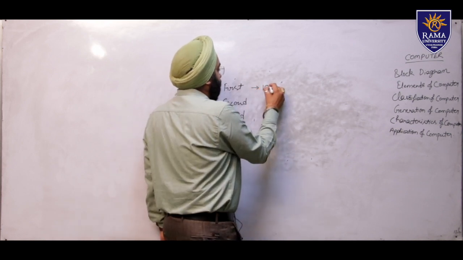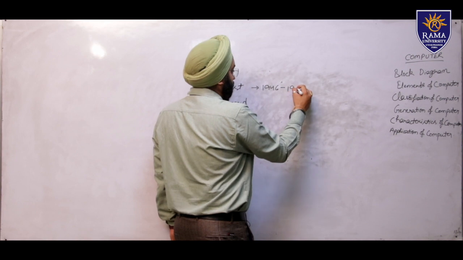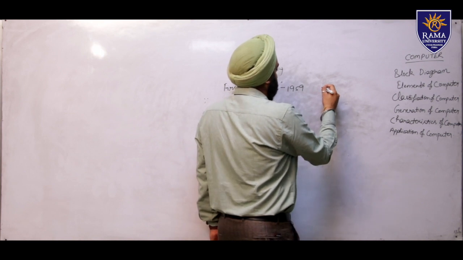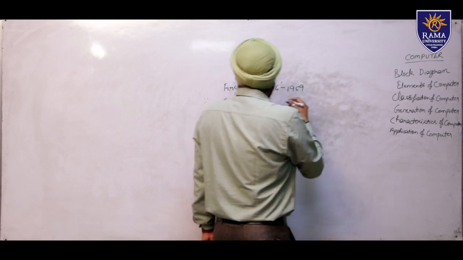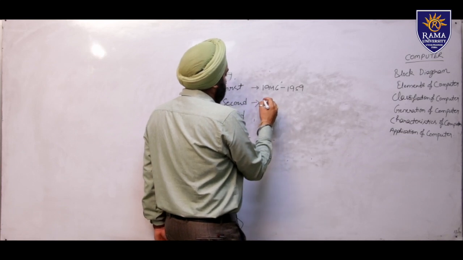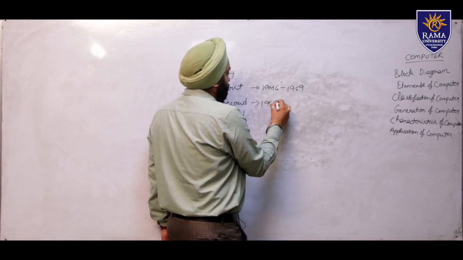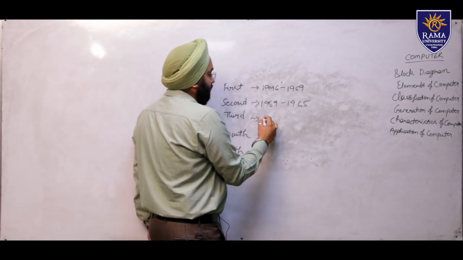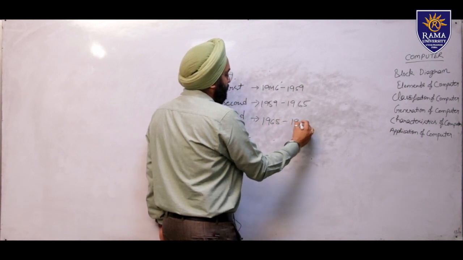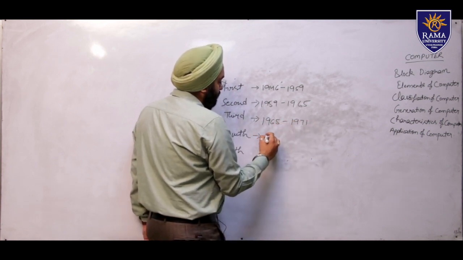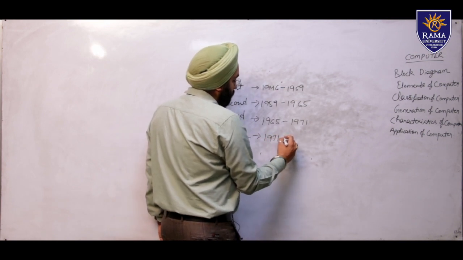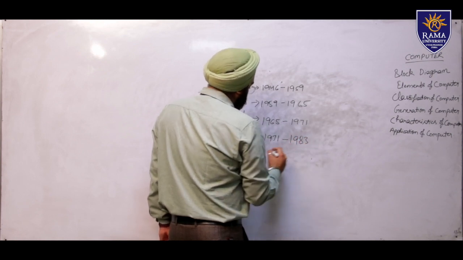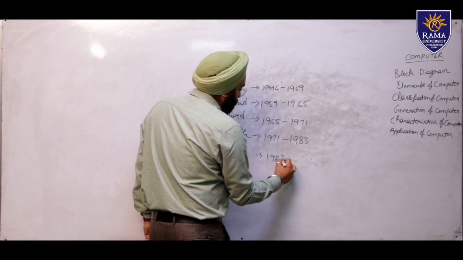First generation computers start from 1946 to 1959, and the second generation is 1959 to 1965. The third generation is from 1965 to 1971. The fourth generation is from 1971 to 1983, and the fifth generation is from 1983 to present.